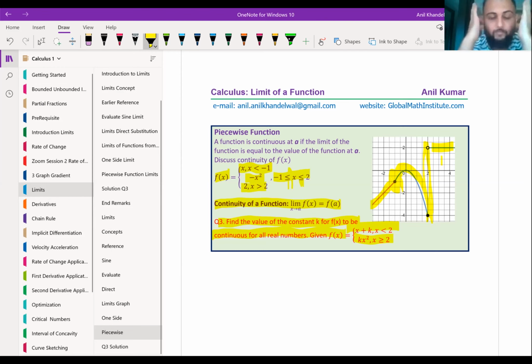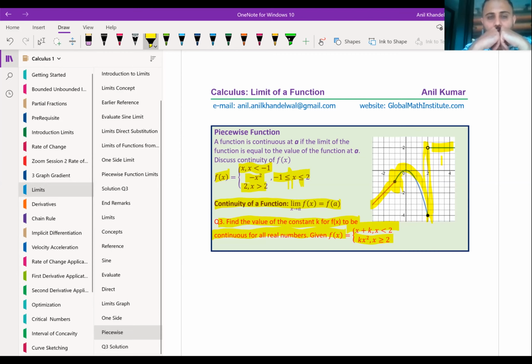So the idea here is that k plus x is a continuous function, a straight line. Kx squared is also a continuous function, a parabola. They could be discontinuous at x equals 2, since at x equals 2, we have two different functions. One on the left side is a linear function. On the right side is a parabola, quadratic function. So what we will do here is substitute the value 2 for x.